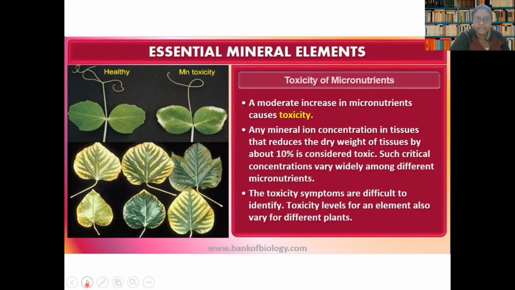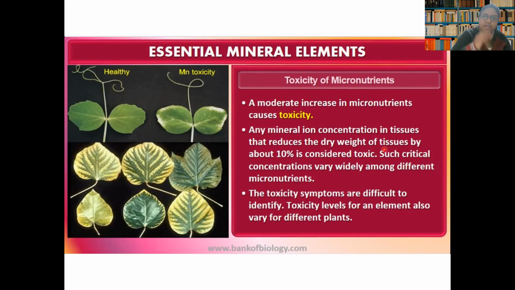For example, manganese. Manganese is a trace element. It is required in micro quantity. If it is in more amount, then obviously it will be detrimental for the plant. So how can we decide that, okay, this is toxic? Any kind of mineral ion concentration in tissue, if it is reducing the weight of plants by 10%.